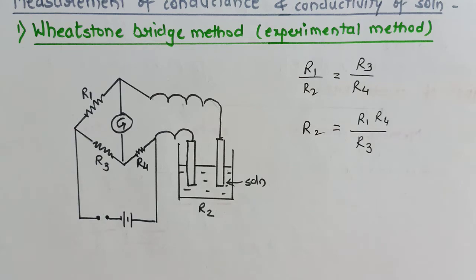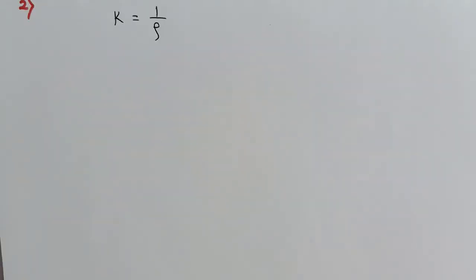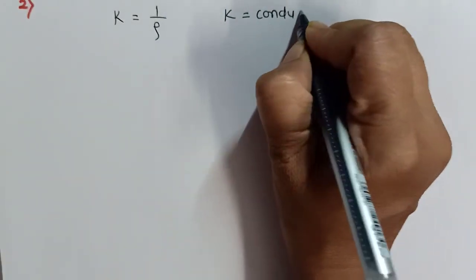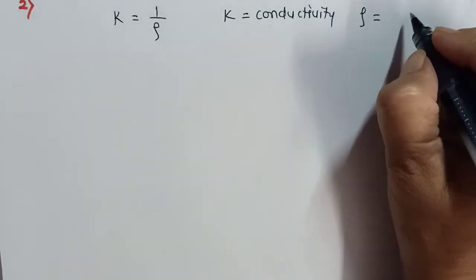But we have another method also. The second method for the calculation of conductance and conductivity requires all the formulas that we have discussed till now. We have seen kappa is the reciprocal of the resistivity. Here K stands for conductivity and rho stands for resistivity.